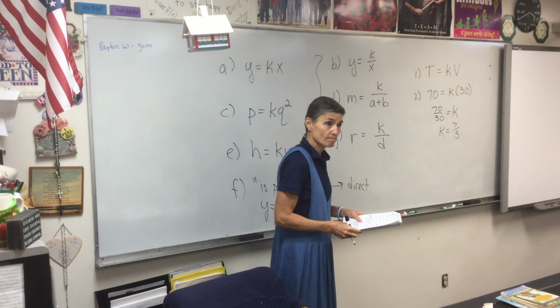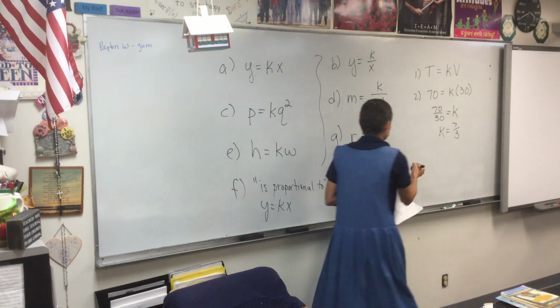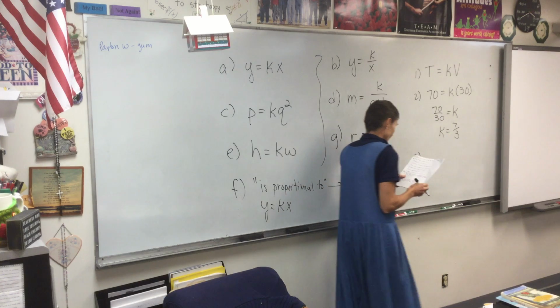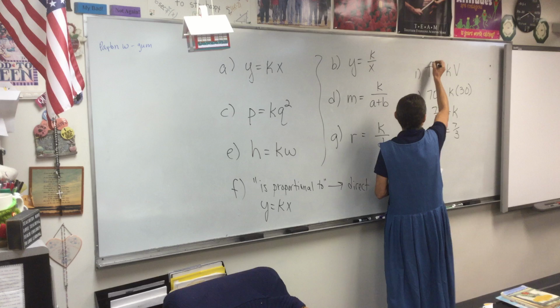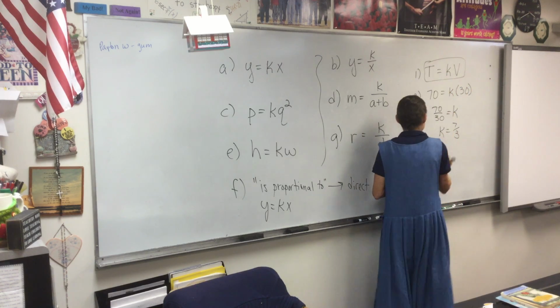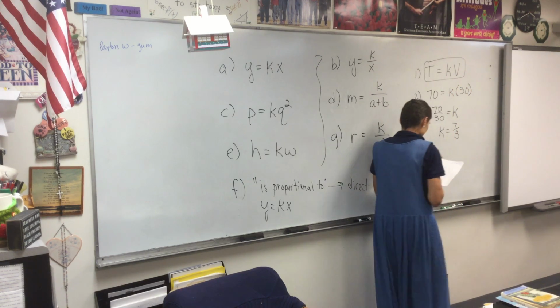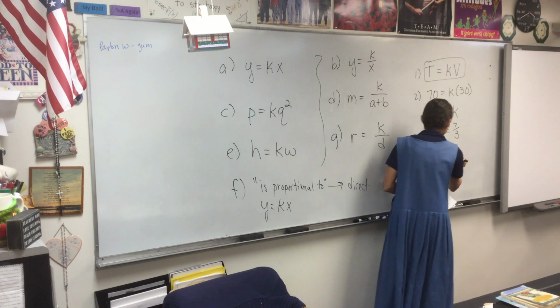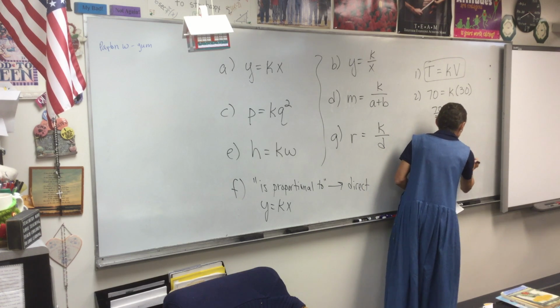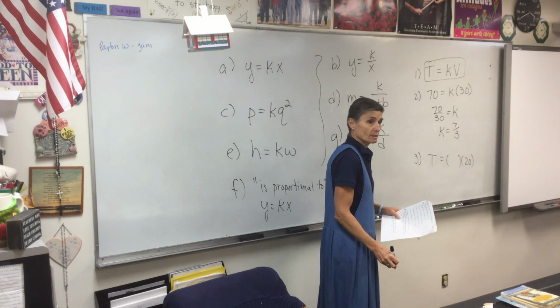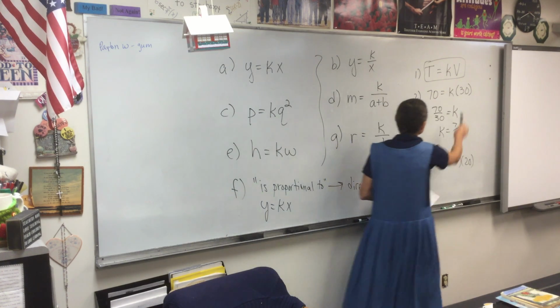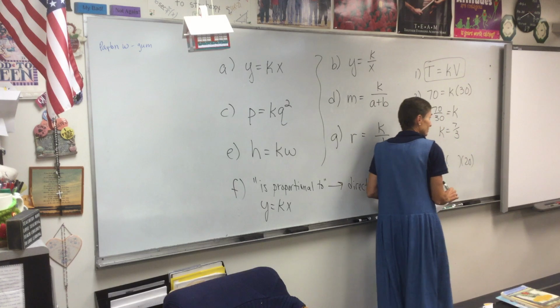Right? Now let's look at the third sentence. Find the temperature, remember this is our equation. Find the temperature if the volume is 20. So I put 20 in for my volume.